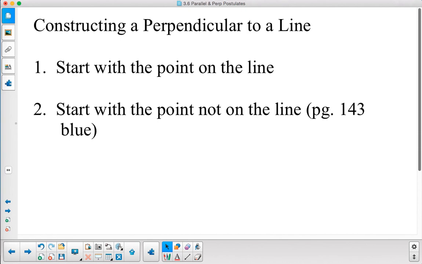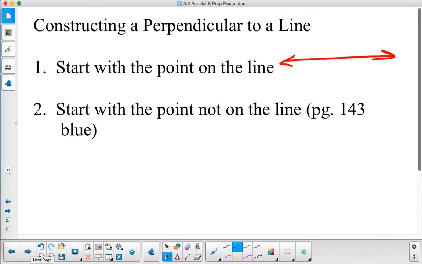So we did some constructions previously, and I'm going to have you just try to recall how to do them, because on your homework there will be some constructions. If you get stuck, we'll talk about them tomorrow, but I need you to try those. So we did a perpendicular to a line.